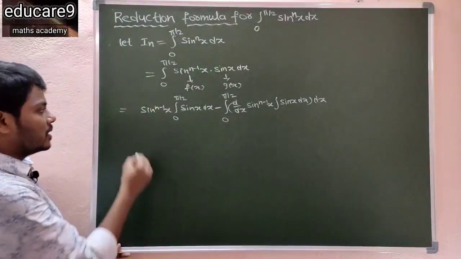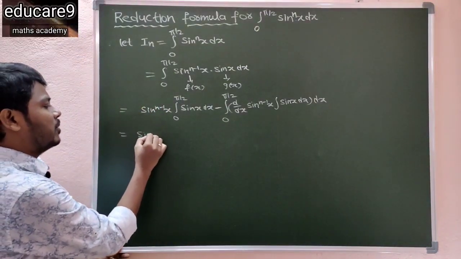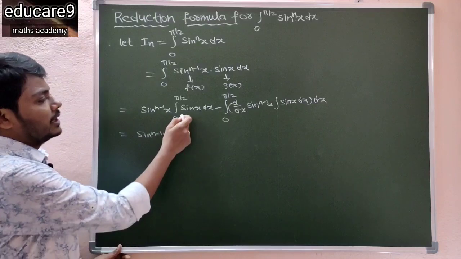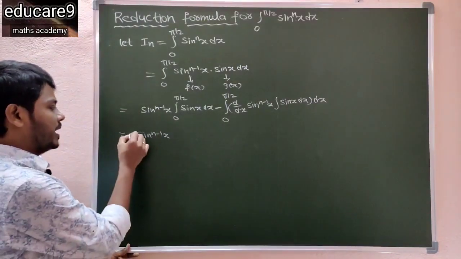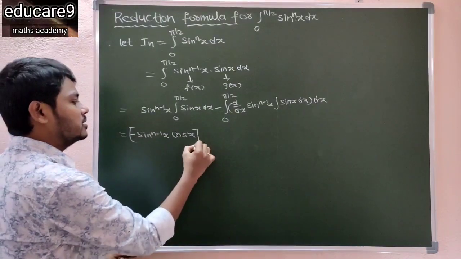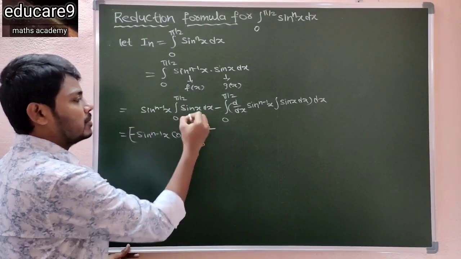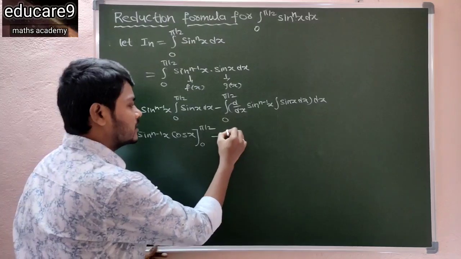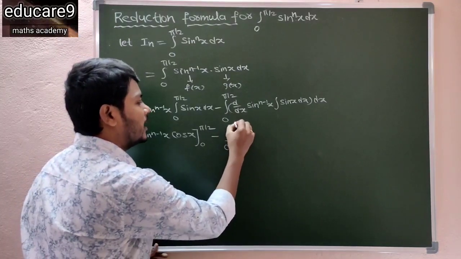Now, this is sin power n minus 1 x times the integration of sin x, that is minus cos x, within the limits 0 to pi by 2. So minus the integral from 0 to pi by 2.